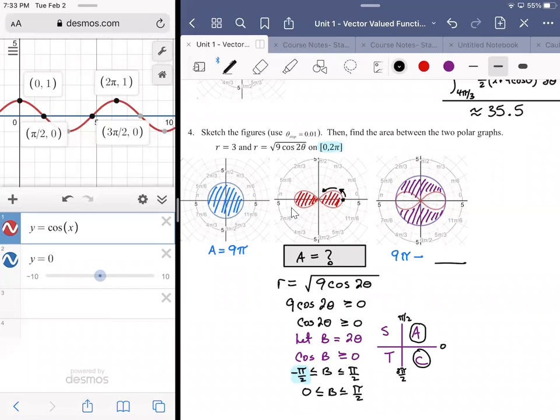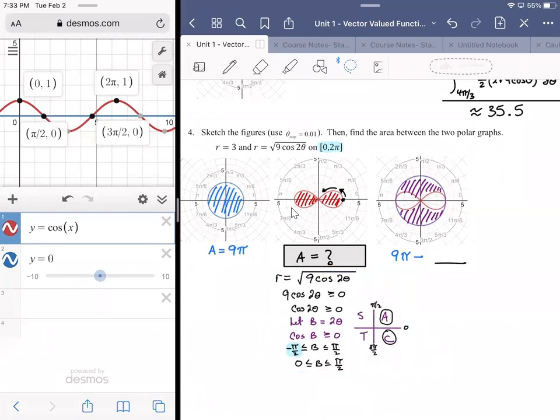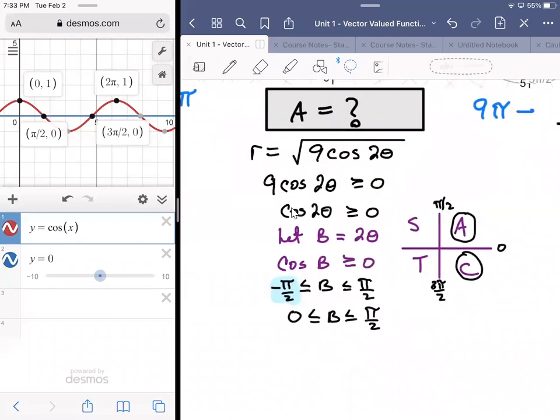The other thing that we need to consider is the fact that I chose to replace the 2 theta with a b for the sake of computation. But I can't just leave it as b. It really is a 2 theta. So 2 theta is between 0 and pi over 2. And so when I divide out the 2, I get 0 less than or equal to theta less than or equal to pi over 4.